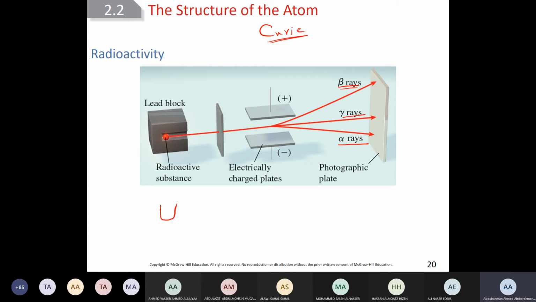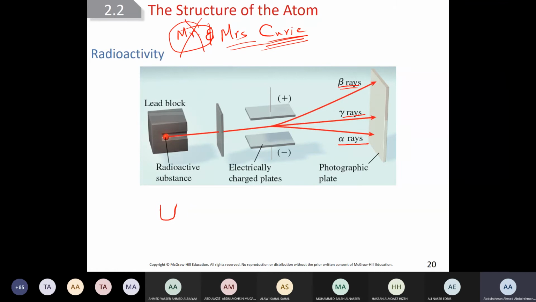That was discovered by, what's the name of the scientist? Marie Curie. It's actually Mr. and Mrs. Curie, but Mr. Curie died early, so the most famous now is Mrs. Curie, who discovered this. But they were working together. They are husband and wife, but the man died early and the woman continued this discovery.